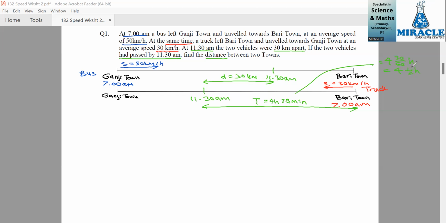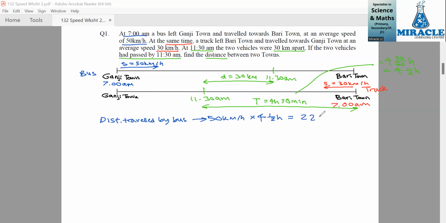Okay, so now we know our time and the speed of the bus and the truck. We can find the distance the bus traveled and the distance the truck traveled. So distance traveled by bus would be 50 kilometers per hour times 4.5 hours.